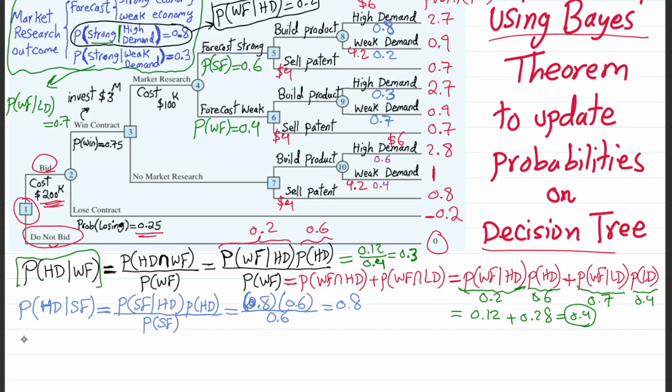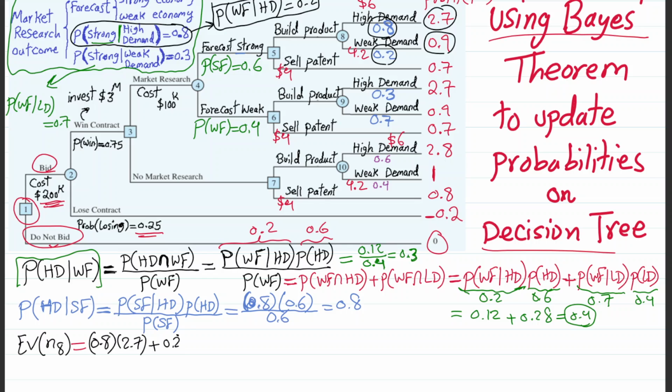I am going to say, okay, expected value of node 8 on top, very top. So I am going to highlight it again. Node 8 is here on top on the branch. So expected value of node 8 is equal to, so we're going to multiply 0.8 by 2.7, 0.8 times 2.7 profit, plus we're going to multiply 0.2 by 0.9.